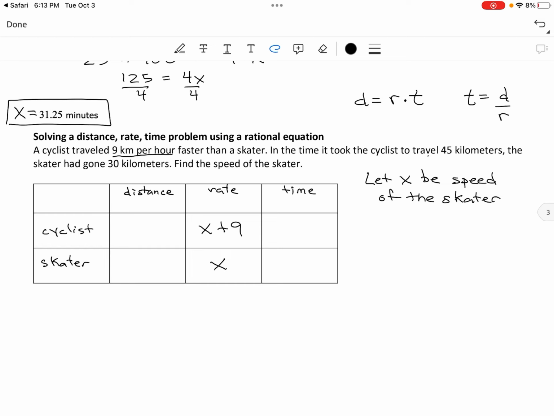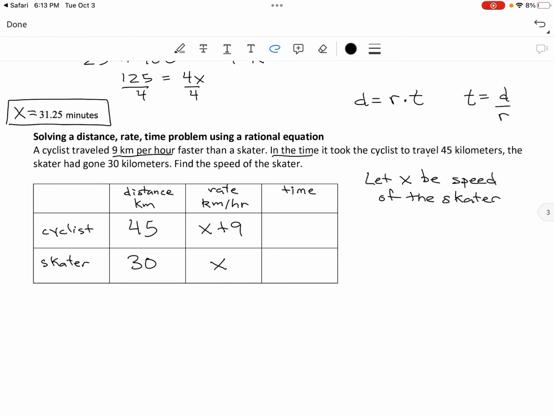Now the time, we'll come back to that, but it says that in the time, which does mean that they have the same amount of time doing their activities. The cyclist was able to travel a distance of 45 kilometers. This was kilometers per hour. And in that same amount of time, the skater went 30 kilometers.